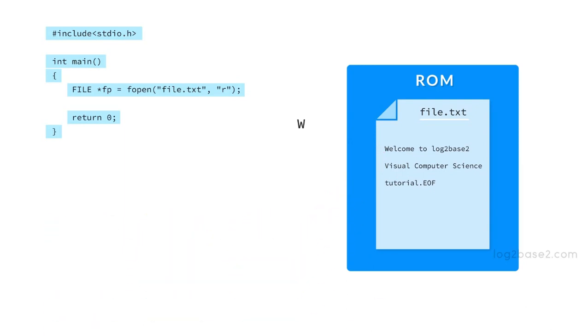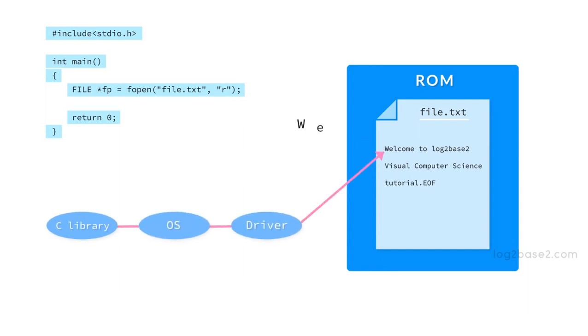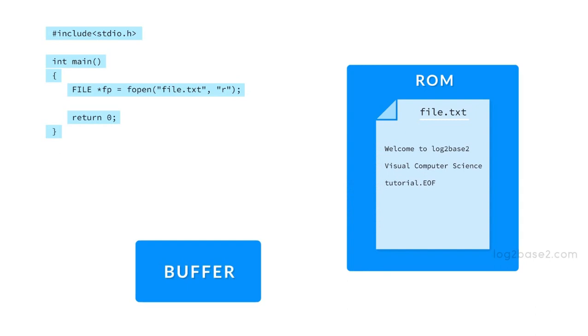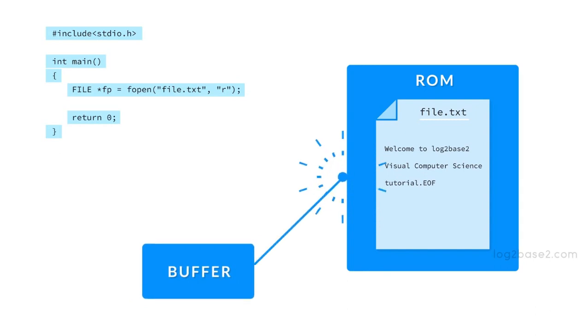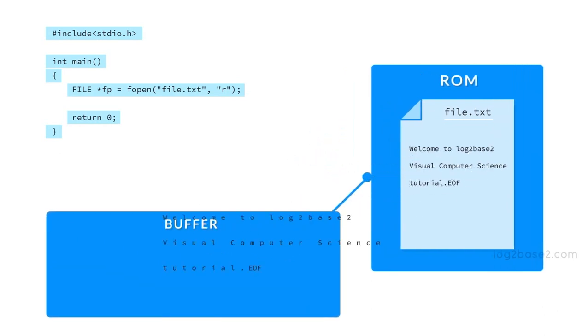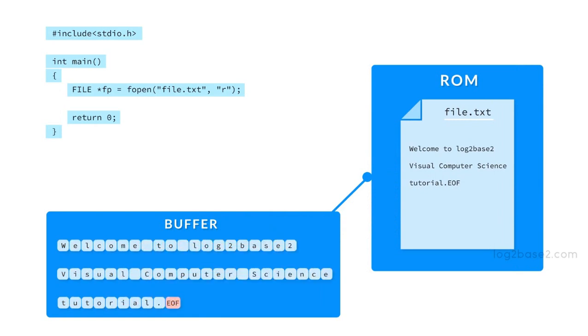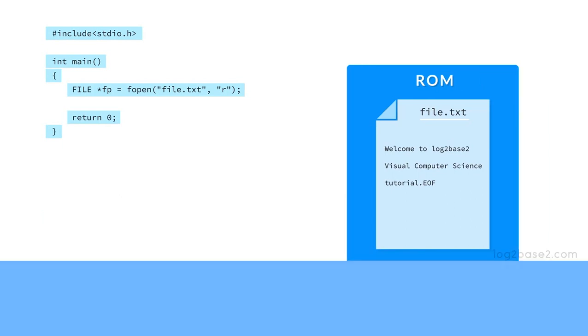Similarly, if we want to read another character, it follows the same way, which is not an efficient method to access the file. So, when we open a file using the fopen function, it attaches a buffer to the file and loads the whole file contents into the buffer. The buffer will reside in the random access memory and gather all the information on the file structure.